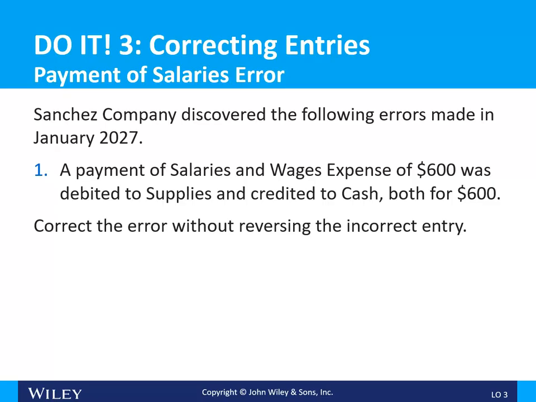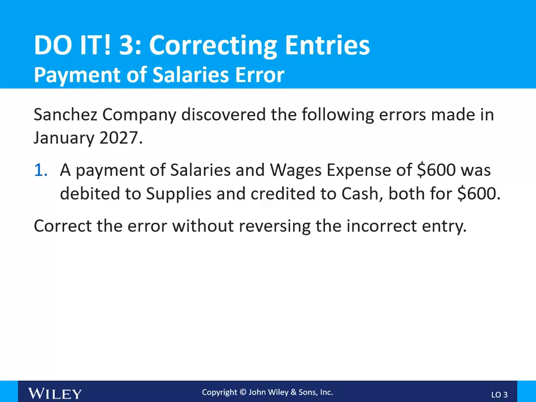So let's look at these one at a time. Payment of salaries and wages expense of $600 was debited to supplies, credited to cash, both for $600. First we have to analyze what was wrong. Debit to supplies, $600, credit to cash, $600. The amount is correct, $600. The correct entry should have been debit salaries and wages expense $600, credit cash.